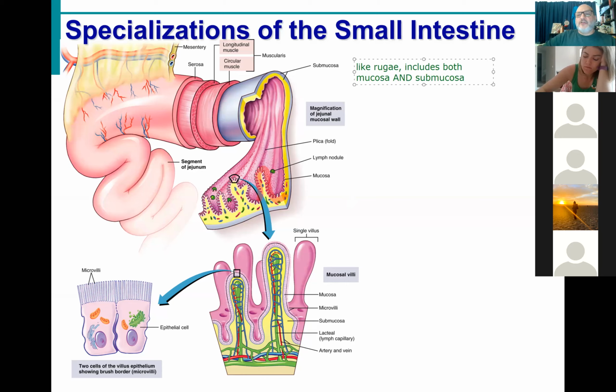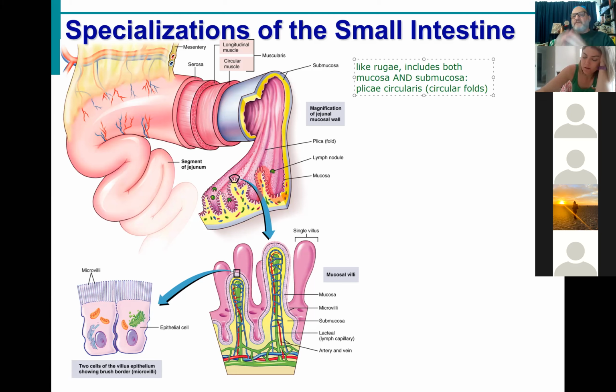Of course, these aren't called rugae. What are they called? The plicae circularis, which absolutely is an appropriate term for it. However, another appropriate anatomical term for it is the circular folds. So I will allow you to use either of those terms.